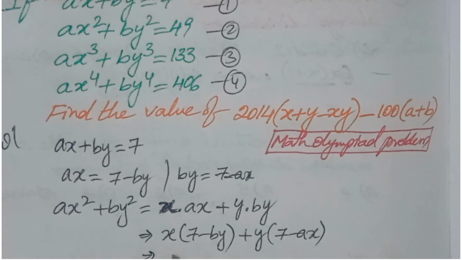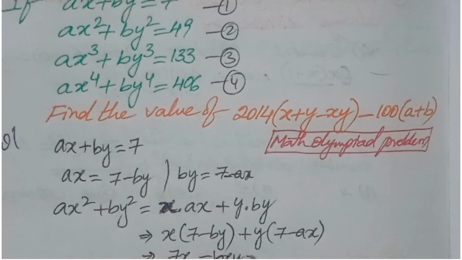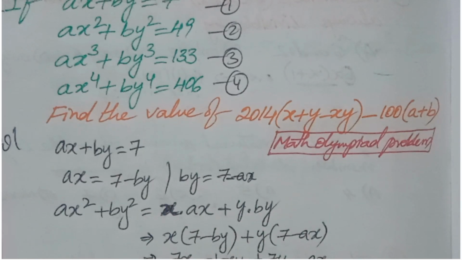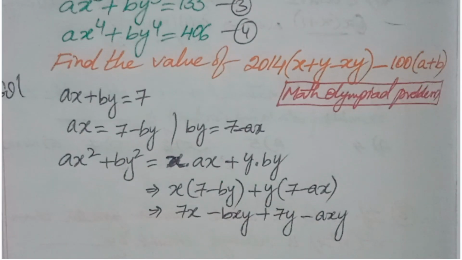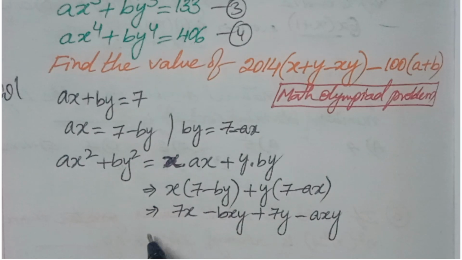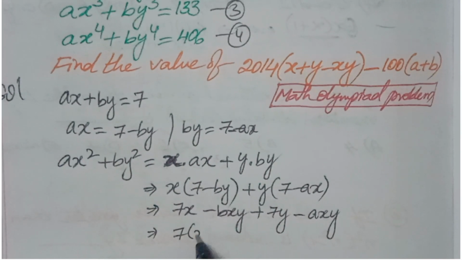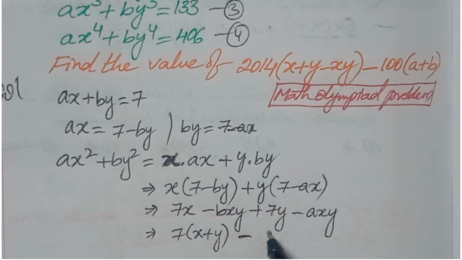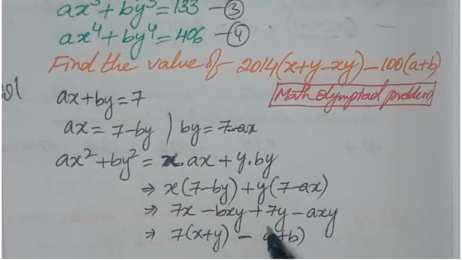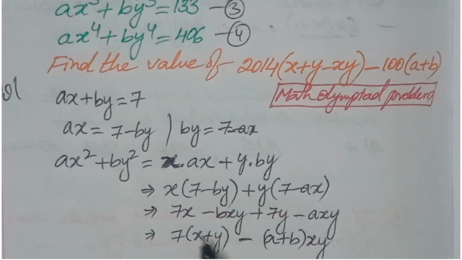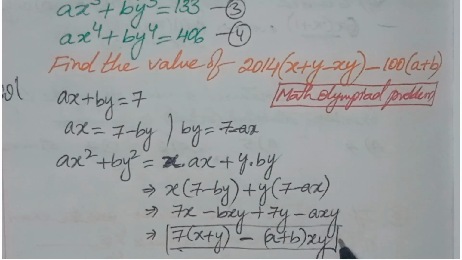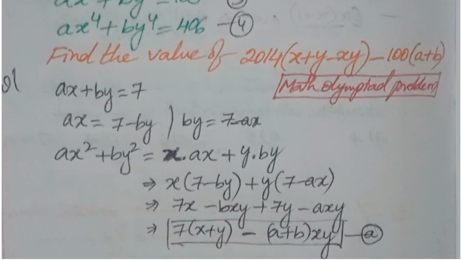Now if you open this: 7x minus bxy plus 7y minus axy. Now if we take common, we get 7 into (x plus y) minus (a plus b) into xy. Let it be equation A.